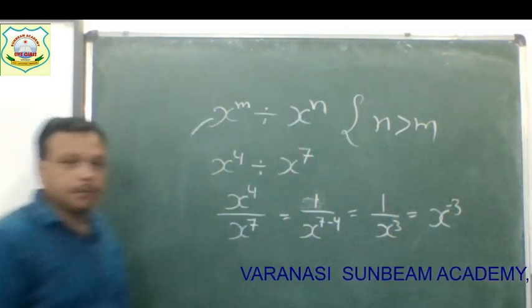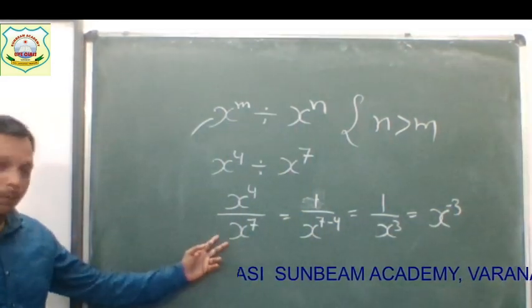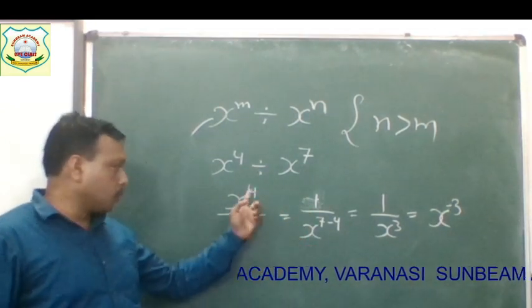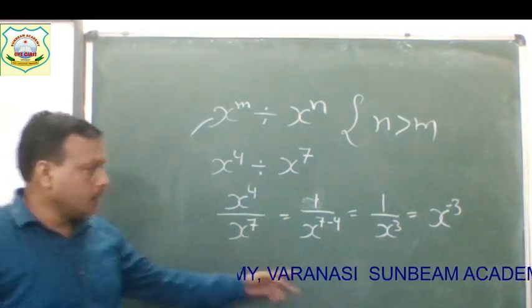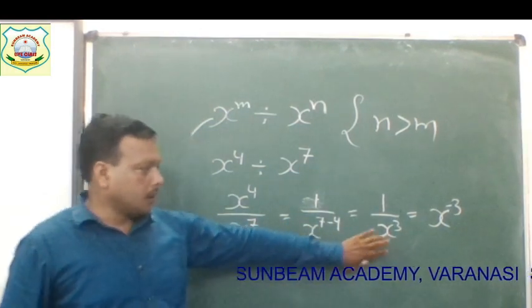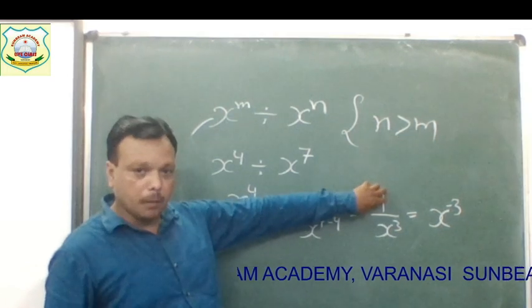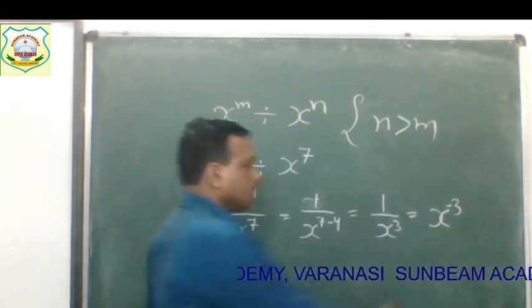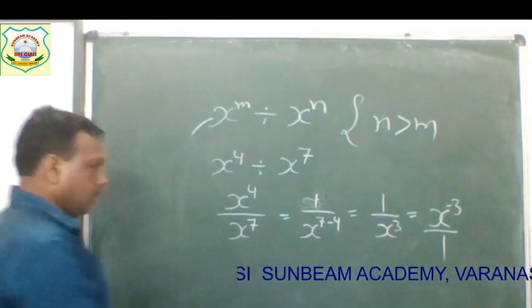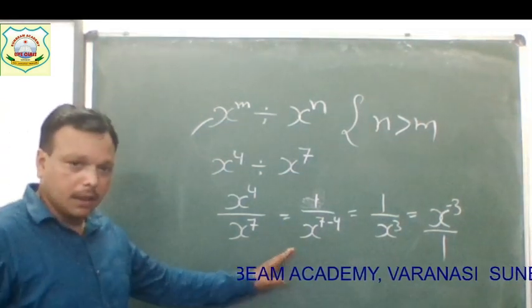This way. x power 4 upon x power 7, 1 upon x power 7 minus 4, because 4 will go this side. 1 upon 7 minus 4, 3, and when you want x power 3, keep it in the numerator part. So we have to write this way. This all value will be in minus. Is it clear?